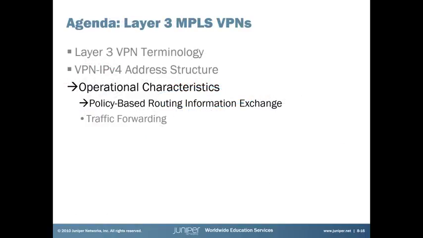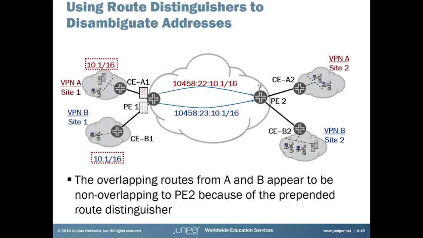The two goals we needed to achieve: we needed to get the routing information from the other customer sites into our local VRF, and we needed to deal with the potential situation of overlapping address spaces of different customers. We dealt with both of those issues by using the route distinguisher.